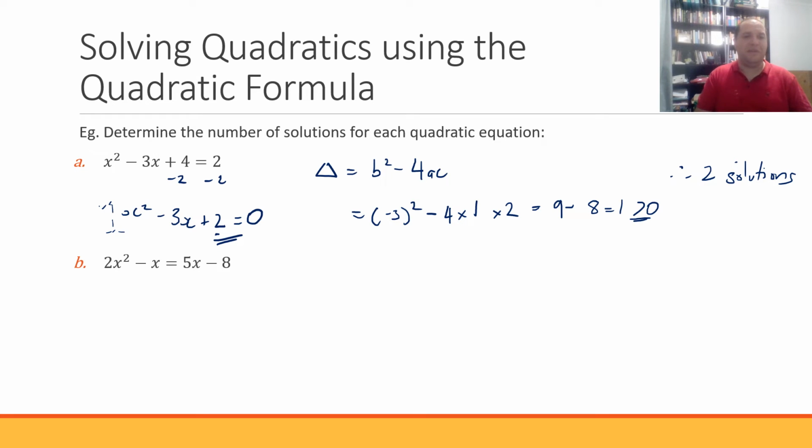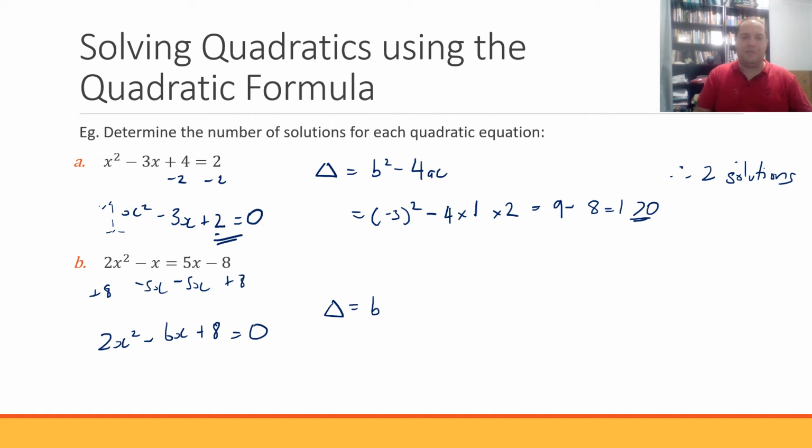For the second one, again, we need to do some rearranging. So subtract 5x from both sides and plus 8 to both sides. So we'll have 2x squared minus 6x plus 8 equaling 0. And then we've got our equation equaling 0, we can now use our discriminant.